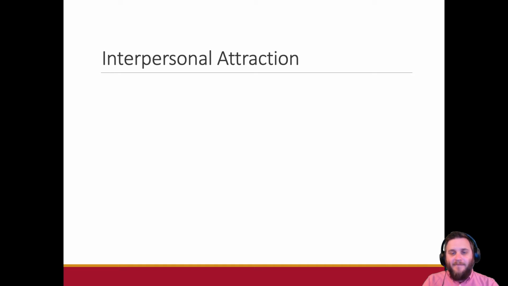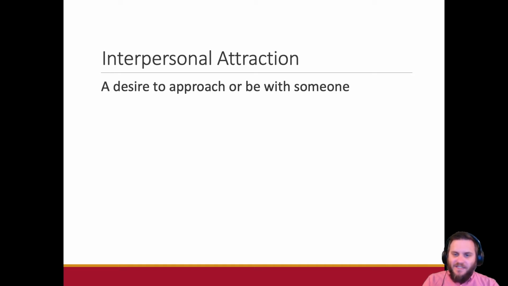Okay, so who are we attracted to? Well, what is attraction? It's the desire to approach or be with someone. Now, be with someone is appropriately vague, for lots and lots of reasons. What does that mean? Well, it's up to you.